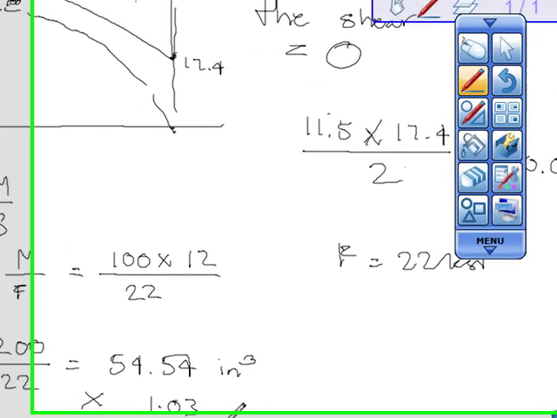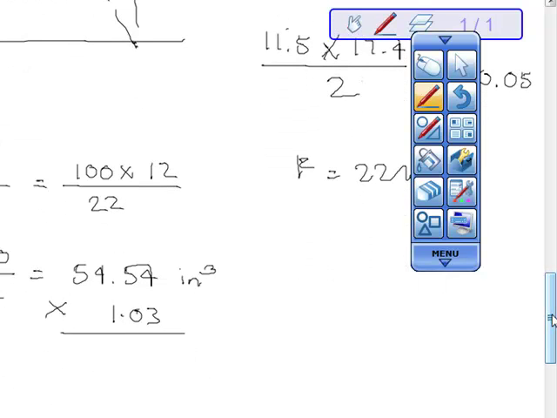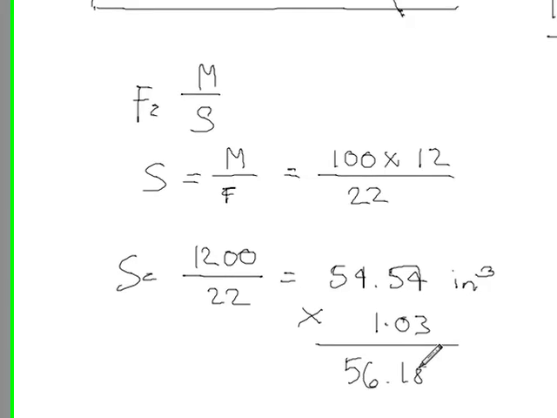What would 54 times 1.03 equal? 56 point what? So that changes a little bit, doesn't it? 56.18. So there's multiple answers for this.